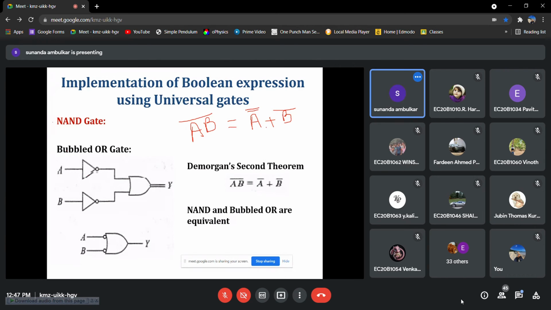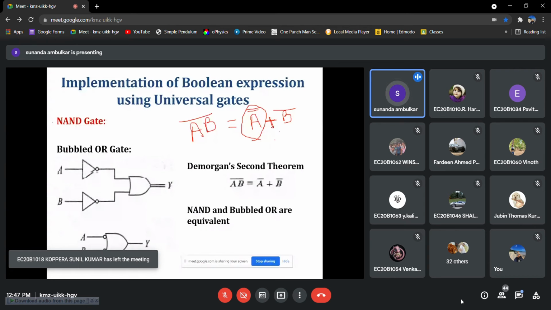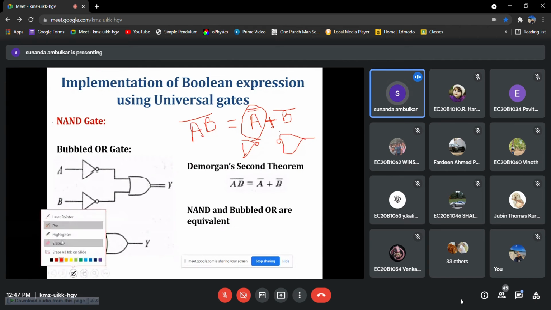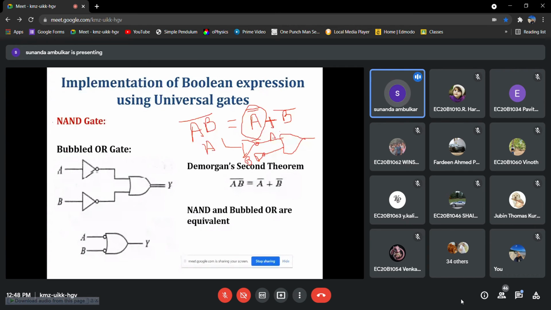So if we apply an OR gate here, with the complemented inputs, this is A, this is B, this A, this B. So this will be A bar, this will be B bar.